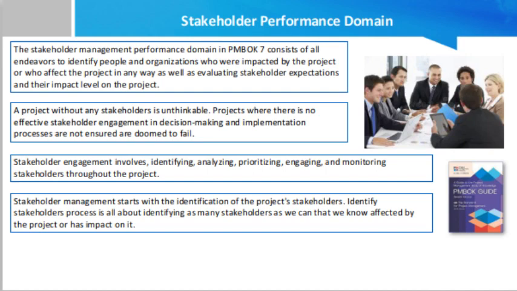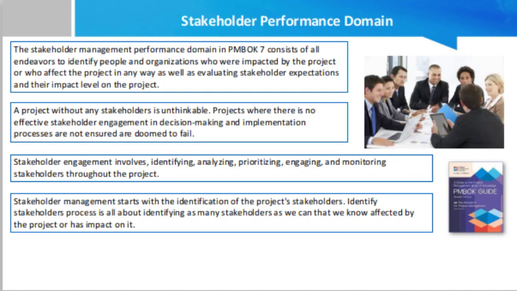To understand this relationship better, just imagine the old stakeholder management knowledge area and features of its processes. Stakeholder management knowledge area in PMBOK 6. In PMBOK 6, there are 4 processes in the stakeholder management knowledge area. These are identify stakeholders, plan stakeholder engagement, manage stakeholder engagement, and monitor stakeholder engagement.